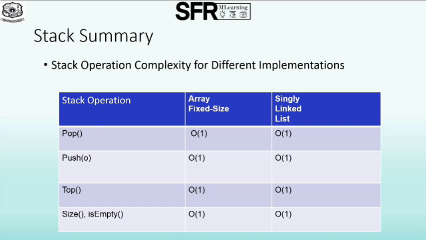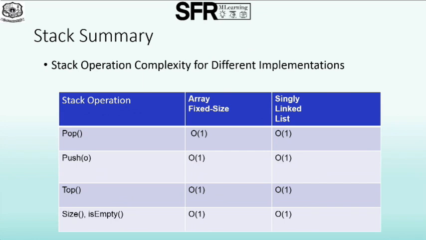The complexity of the different implementations is listed here. For implementing a stack using an array, the pop operation takes big O of 1, the same as in the singly linked list. The push operation takes big O of 1, and the singly linked list also big O of 1. Then top, size and isEmpty operations take big O of 1.